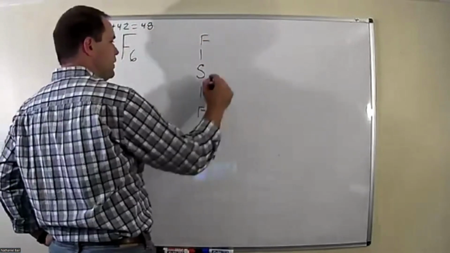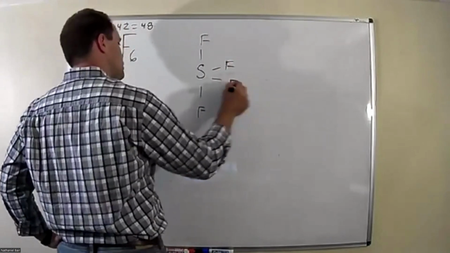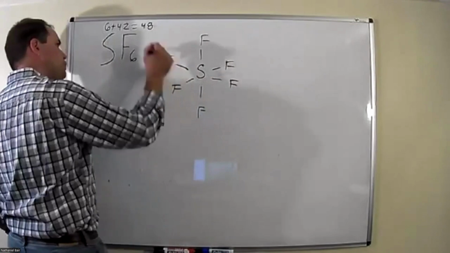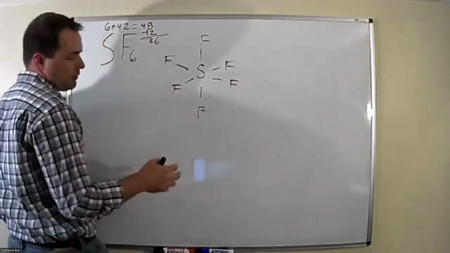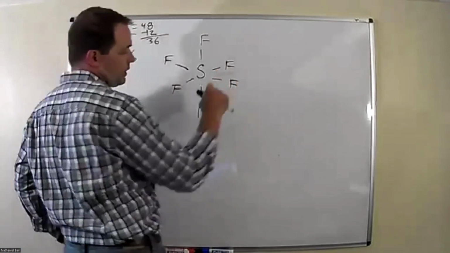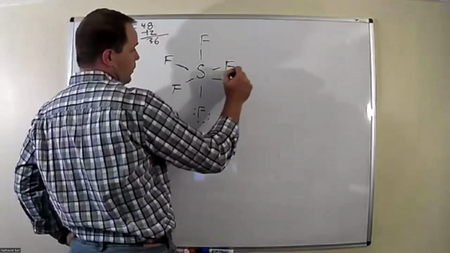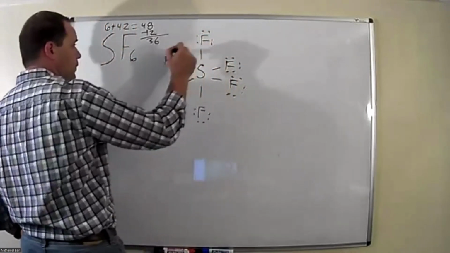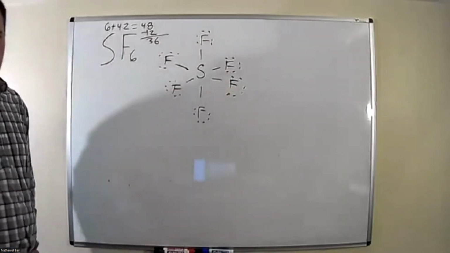We got 6 fluorines coming off of it. That uses up 12 electrons, got 36 left. If you're a thinker, each fluorine needs 6 electrons, and you got 6 of them. So 2, 4, 6, 8, and so on up to 36. There's your structure for SF6.